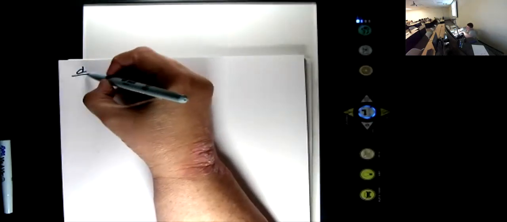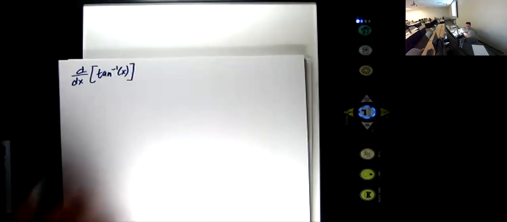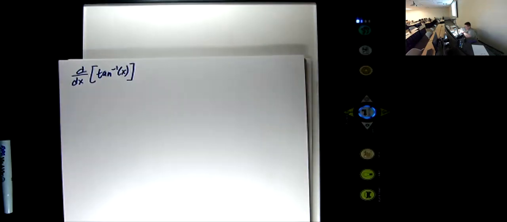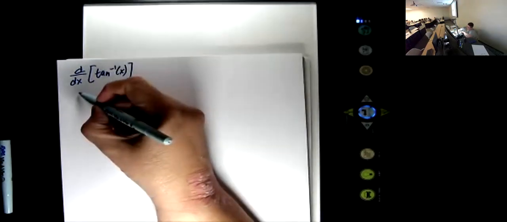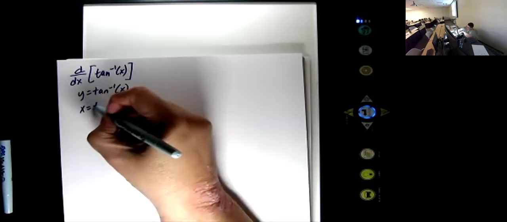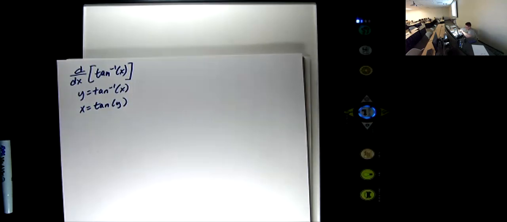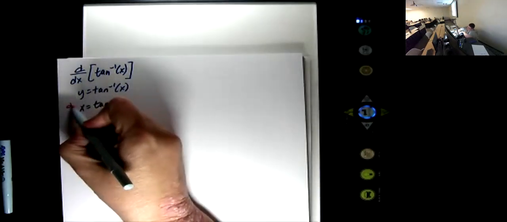Take a look at tangent inverse. We're going to follow that same pattern. I'm going to say y equals tangent inverse of x, which means x equals tangent of y. Take the derivative of both sides.